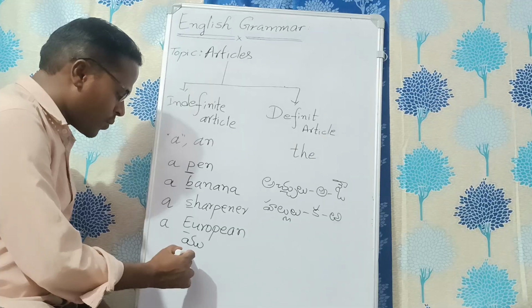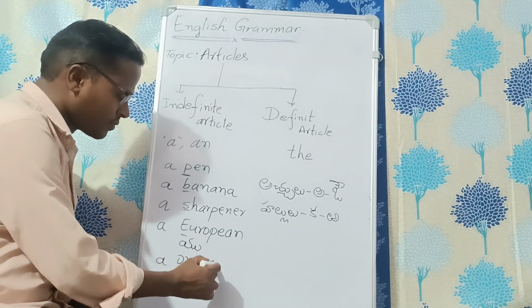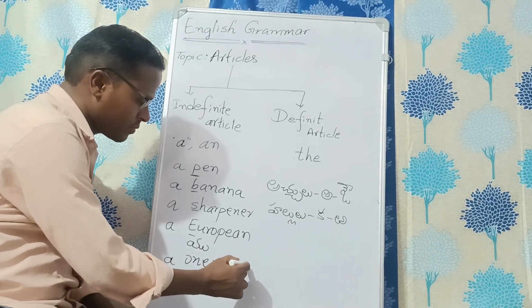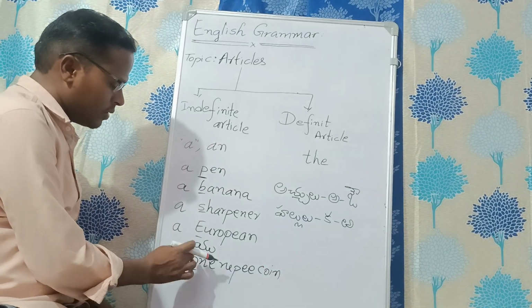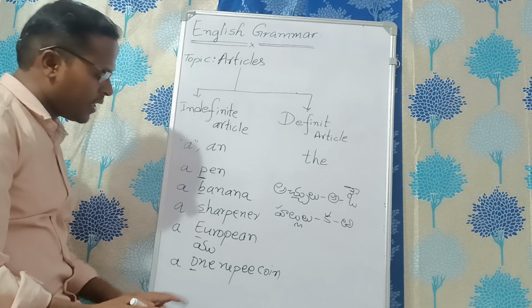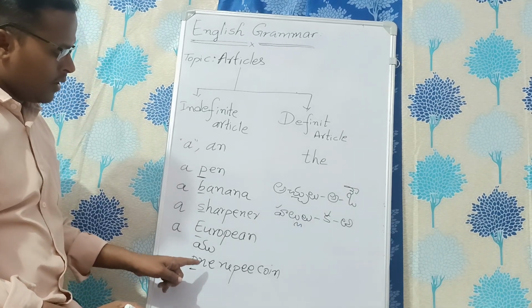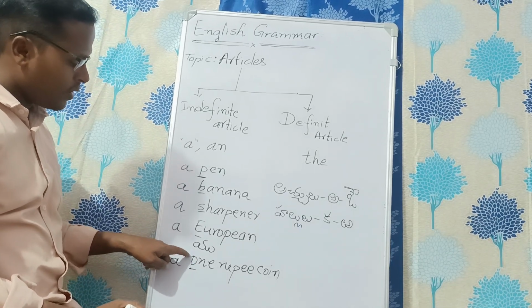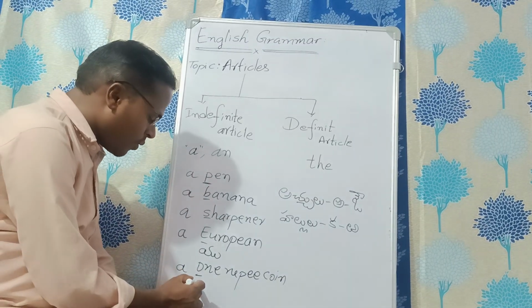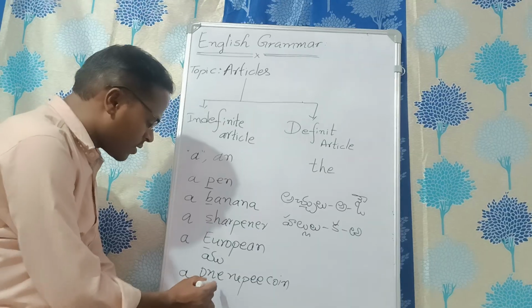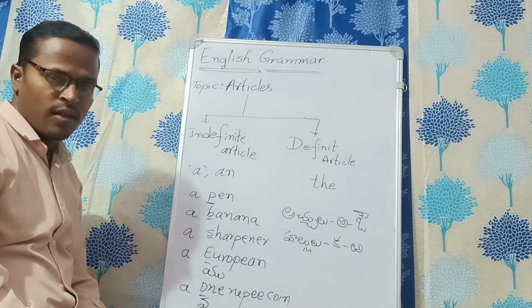I will discuss one more example: a one rupee coin. Here the beginning letter is a vowel letter. O is a vowel letter, but the sound is a consonant sound. Why? Because we are saying "va".